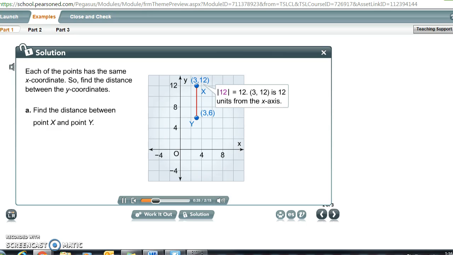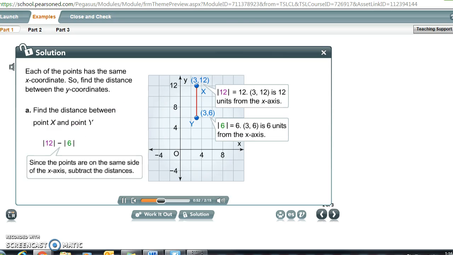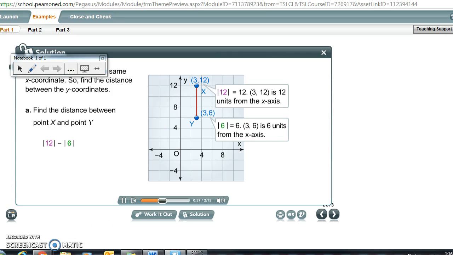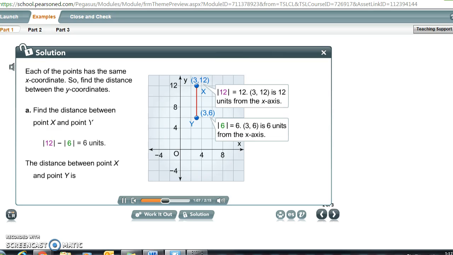So the point 3, 12 is 12 units from the x-axis. The absolute value of 6 equals 6. So the point 3, 6 is 6 units from the x-axis. Since the points are on the same side of the x-axis, subtract the distances. The absolute value of 12 minus the absolute value of 6 equals 6 units. The distance between point X and point Y is 6 units.